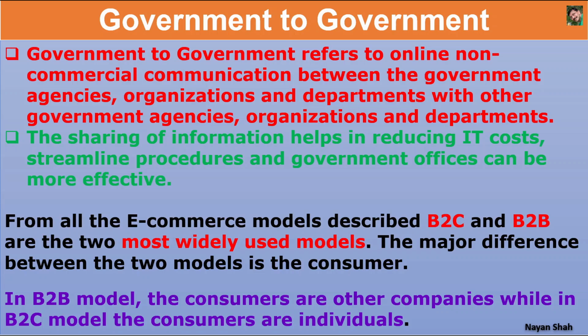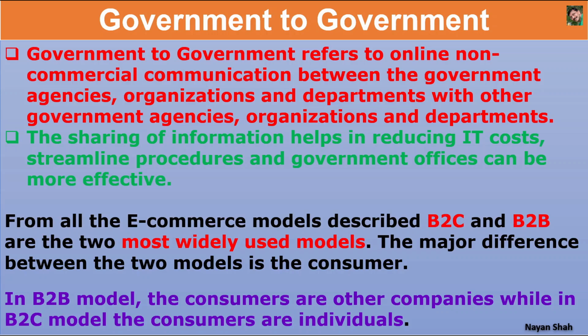So it refers to online non-commercial communication between government agencies, organizations and departments with other government agencies, organizations and departments. The sharing of information helps in reducing IT costs, streamlining procedures, and making government offices more effective.